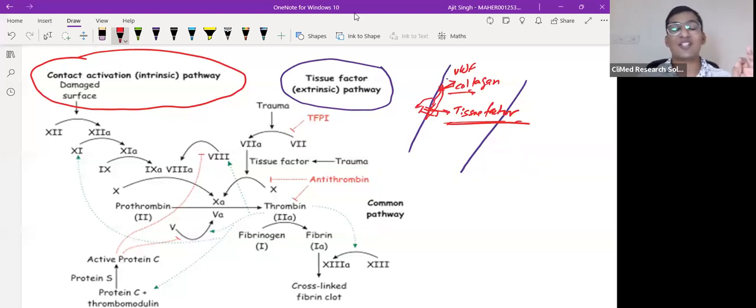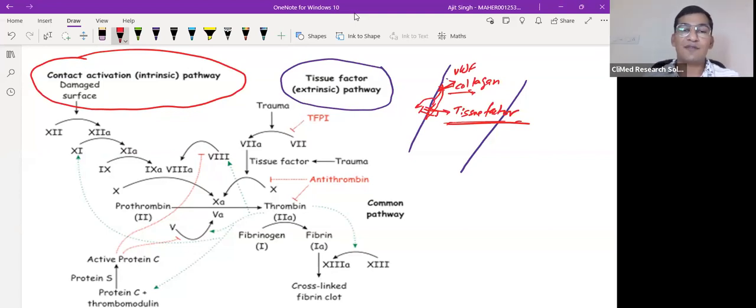Why is it called the extrinsic pathway? Let me tell you. When we are talking about the plaque formation in the vessel, the inside thing is whatever is floating inside the vessel, in the circulatory system. In other words, those elements are intrinsic elements, like RBCs, platelets, TLCs, anything.